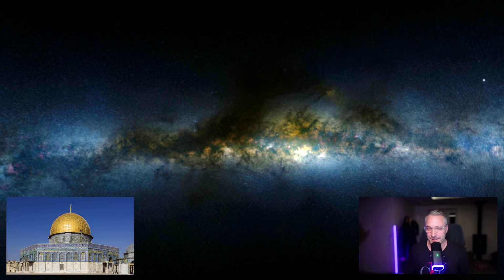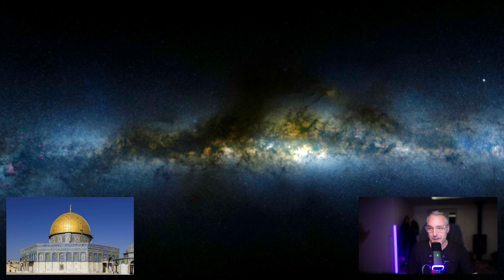It's a mountain in the Milky Way, which is used to name the Temple Mount in Jerusalem, not the other way around. It didn't come from the Bible and so on. The Bible got it from somewhere.